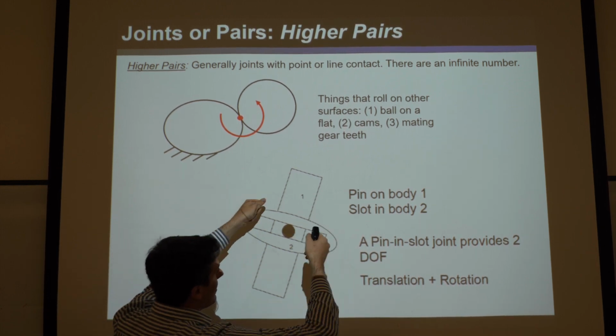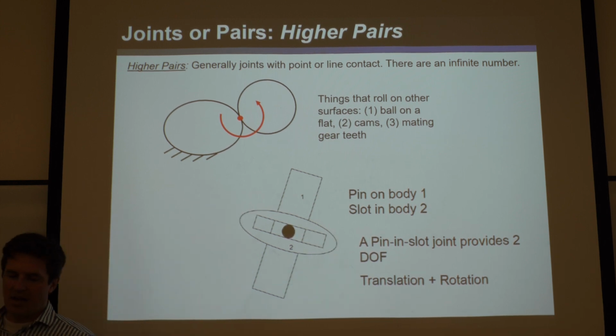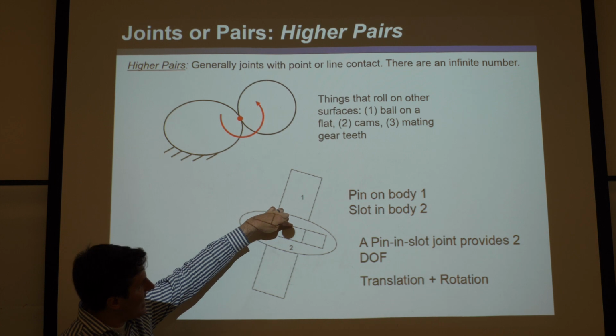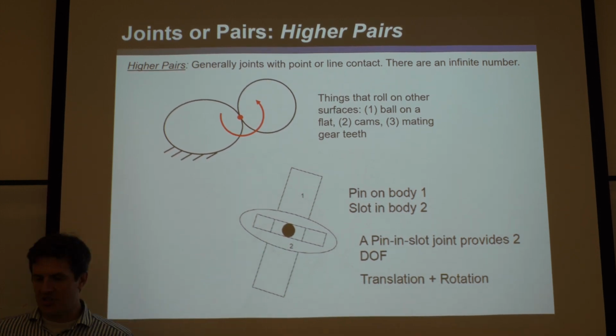You could rotate it in and out of the page like this, so it would end up being a 4 degree of freedom joint. But because we're just sticking to planar here for the slide, that's why the slide says it's a 2 degree of freedom thing, because only things within the plane are allowed for a 2-dimensional joint there. Okay, but hopefully you can see why it's a higher pair, because it's line on line contact. There's no surfaces touching.